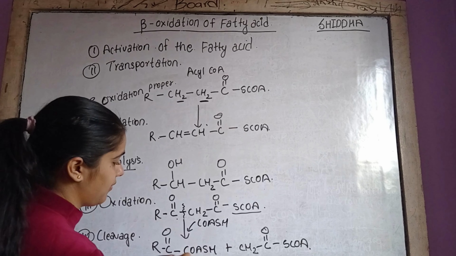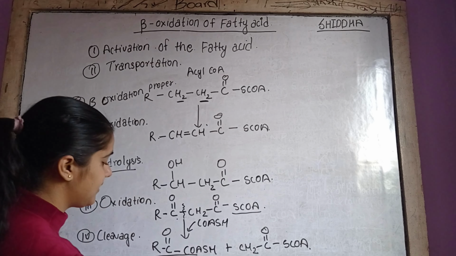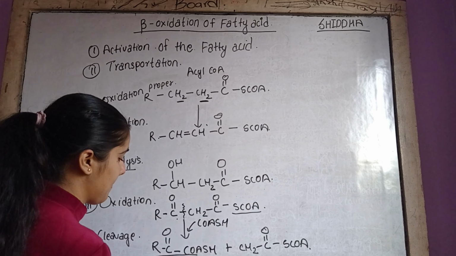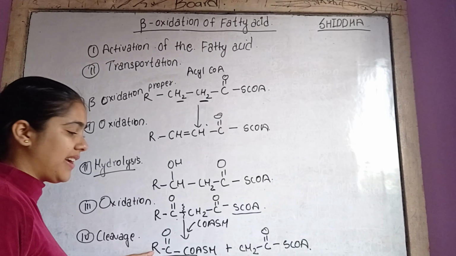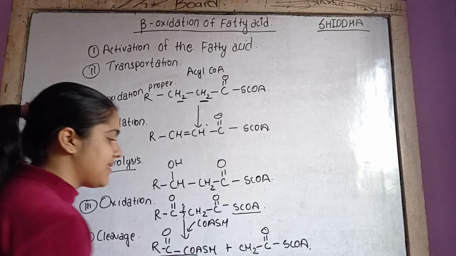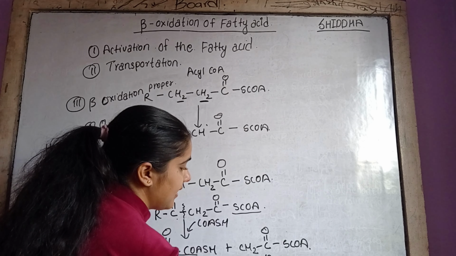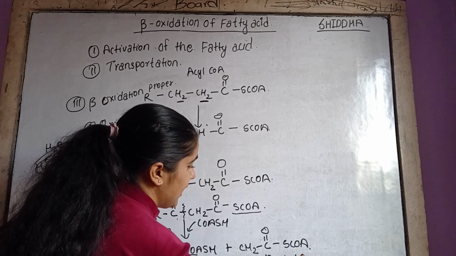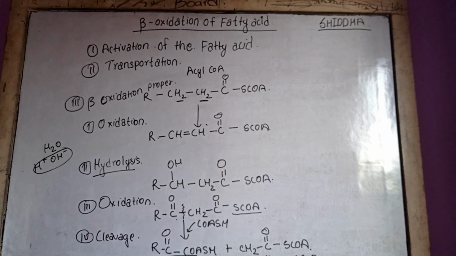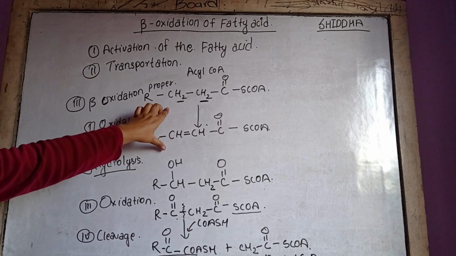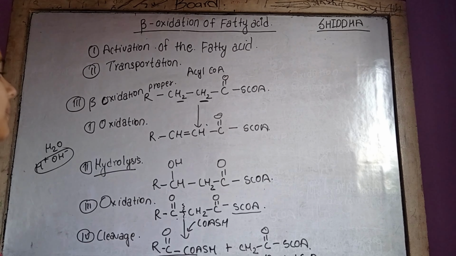This compound which we have already discussed, this is acyl coenzyme A. As this R is not defined, it is acyl coenzyme A, and this is acetyl coenzyme A, which is our 2 carbon unit. Now let us give the name to these compounds which are formed here.